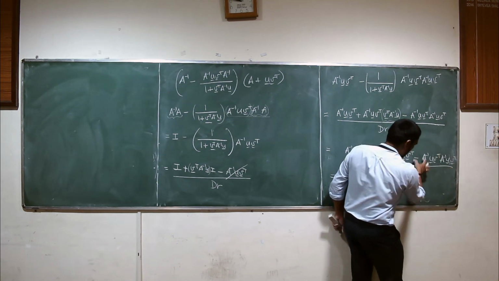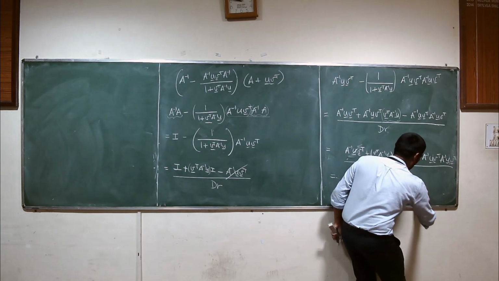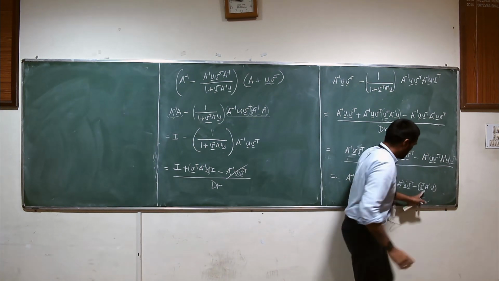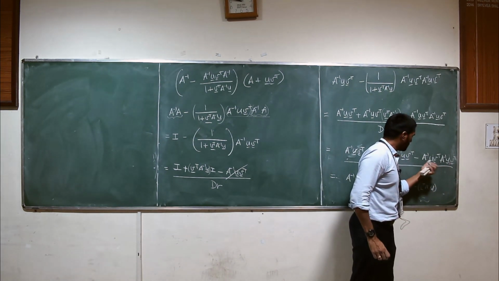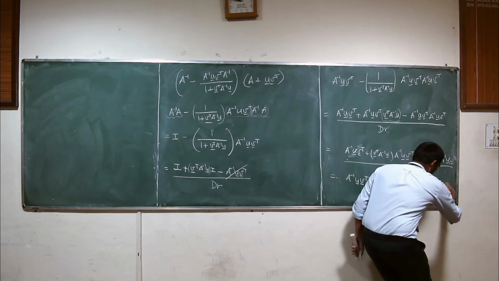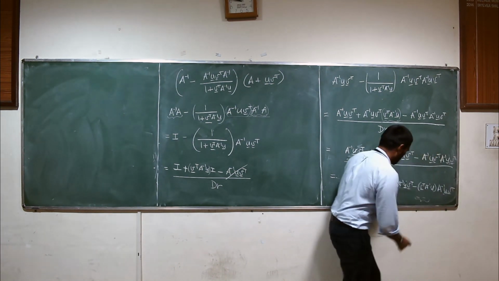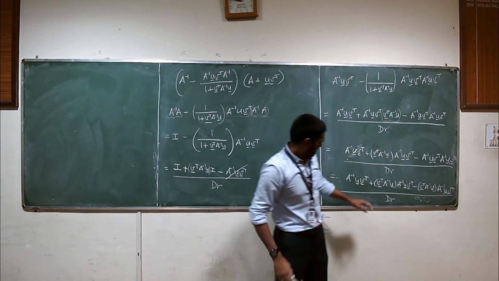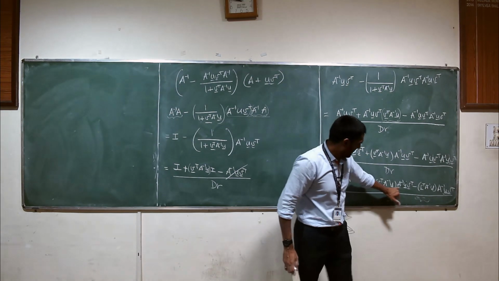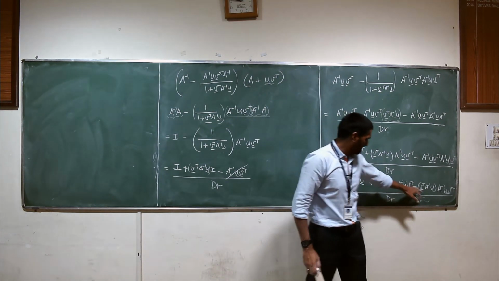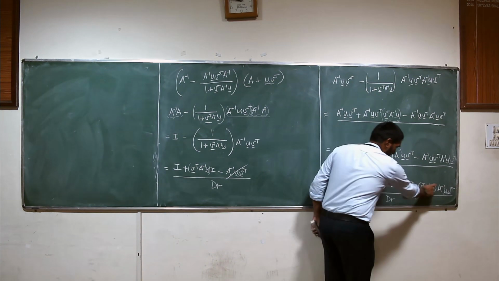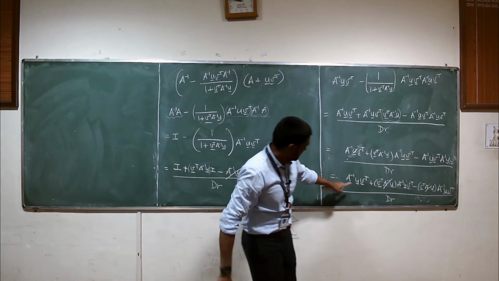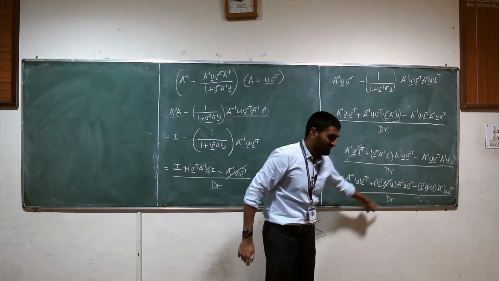Now, if you take this whole thing outside, then you get minus V transpose A inverse U. If you take this out, all you're left with is A inverse U V transpose, divided by the denominator. Now, this is plus scalar A inverse U V transpose. That's negative, so these two are gone.